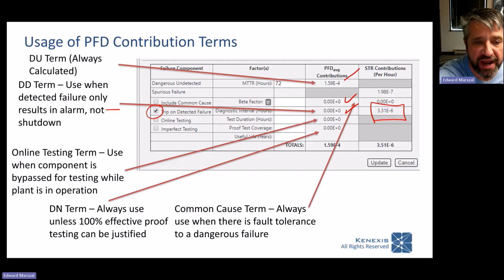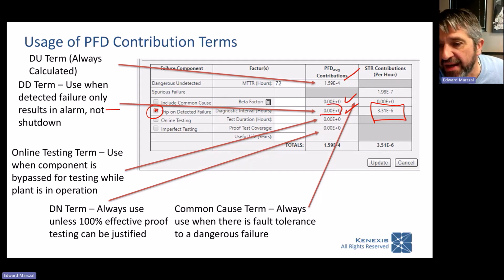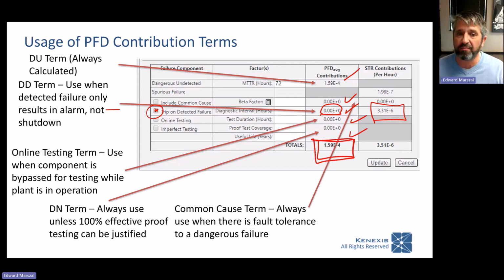But if we uncheck, it's going to then take that and calculate the DD term. So depending on whether or not you shut down when you have a detected failure determines what side of the ledger you assign that failure rate to. We have our online testing term. We have our imperfect testing term. You add all of them together because it's a logical OR. My device can fail DU or DD or never detected ND or online testing or common cause.